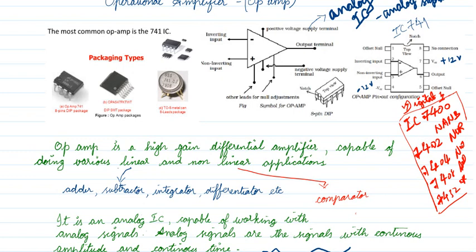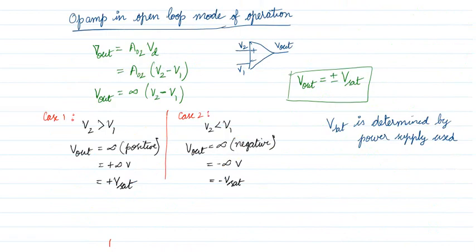Nonlinear applications can be comparator, clipper, and clamper. But in open loop mode, the only application possible is the comparator. We cannot use it as a clipper or clamper. We will see what a comparator is.